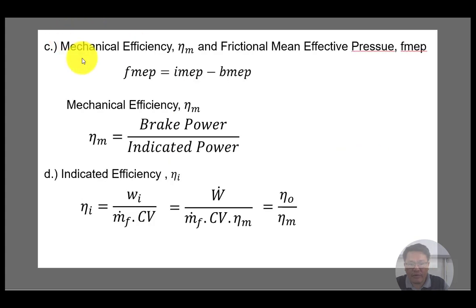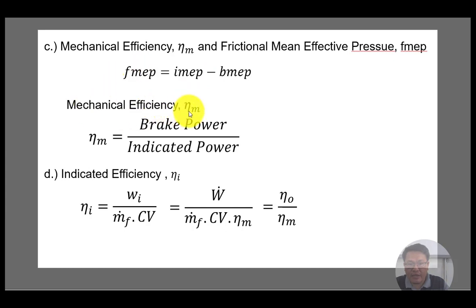Now let's go to the mechanical efficiency. We have the frictional mean effective pressure, FMEP. FMEP is equal to IMEP minus BMEP, the indicated mean effective pressure minus the brake mean effective pressure.